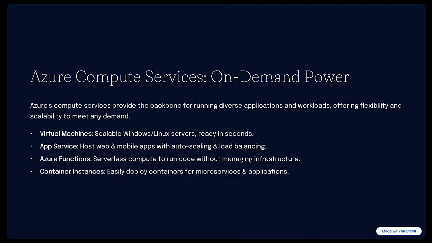Next, App Services, which are used for hosting web and mobile applications with auto scaling and load balancing, which we will see in our practical sessions. Next is Azure Functions.